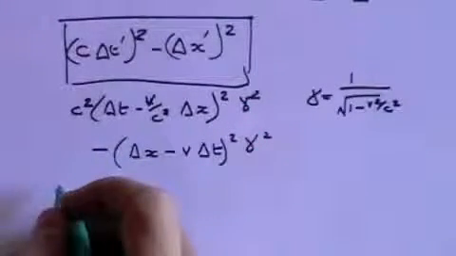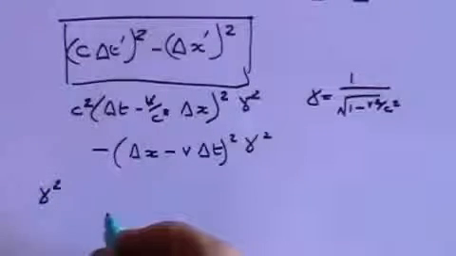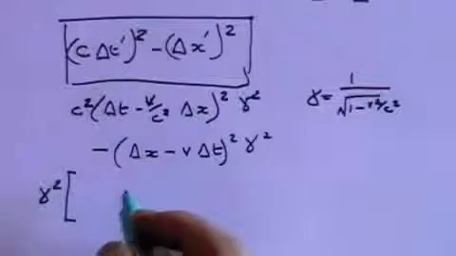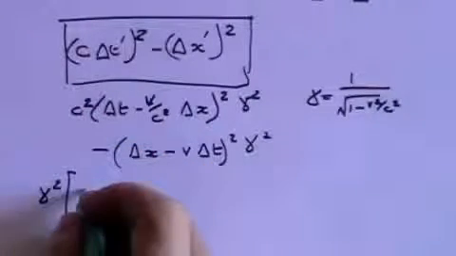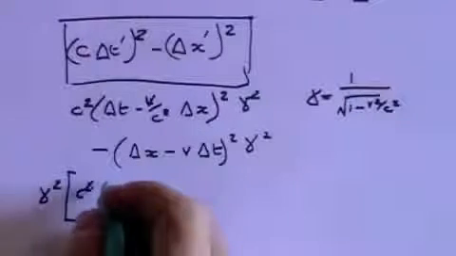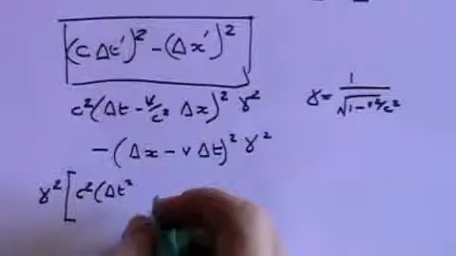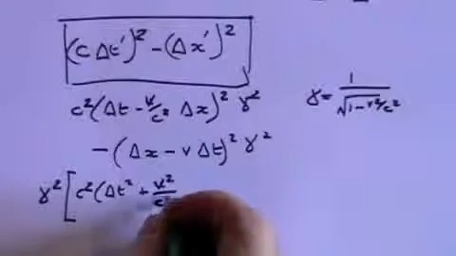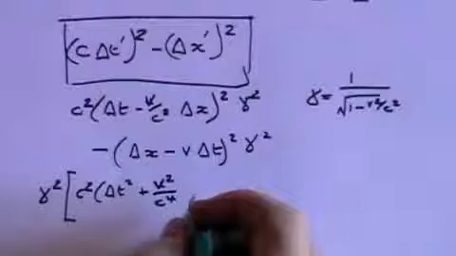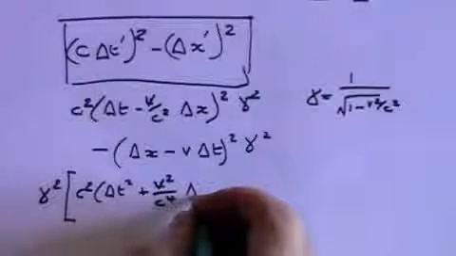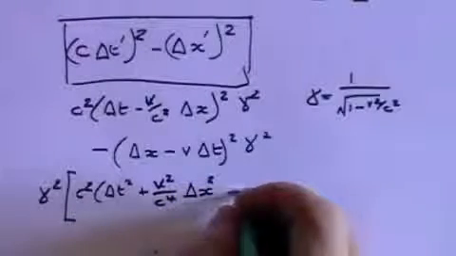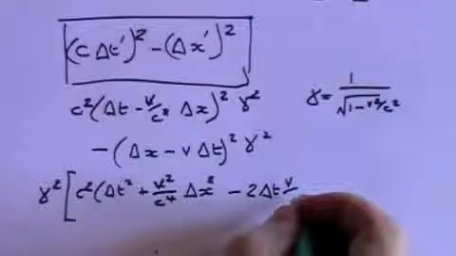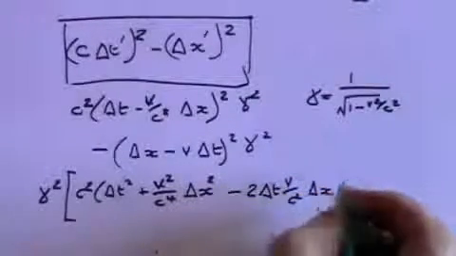First of all, we can take the gammas outside to start with. Gamma squared comes outside and multiplies absolutely everything, and that will be c squared times delta t squared plus v squared over c to the fourth, I keep mixing up u's and v's, it should be v, times delta x squared minus 2 delta t v over c squared delta x.